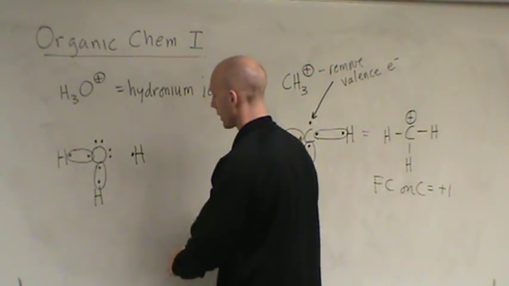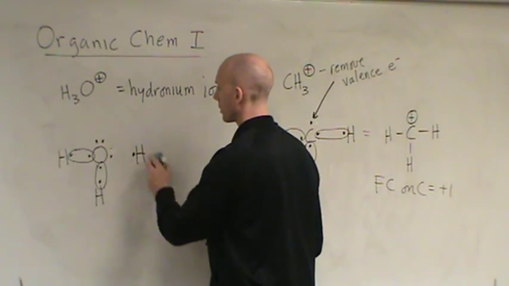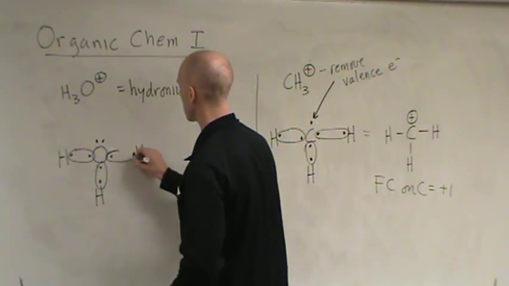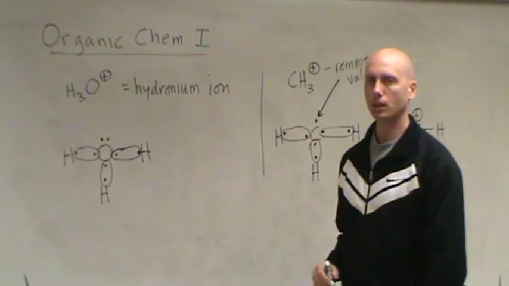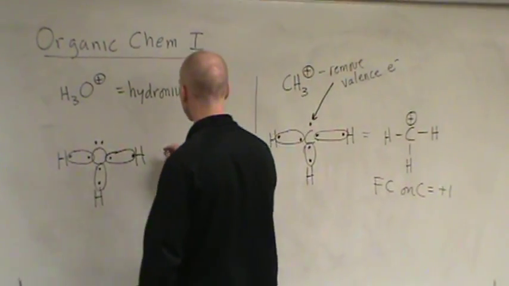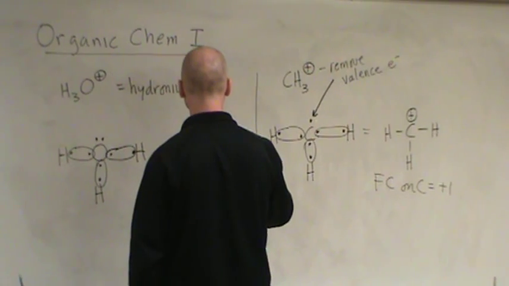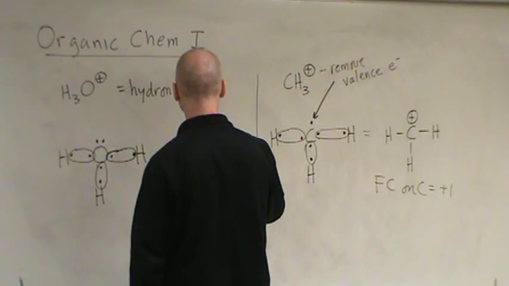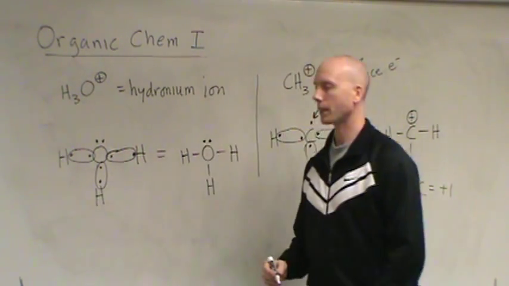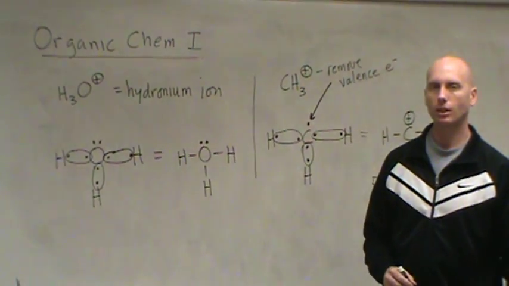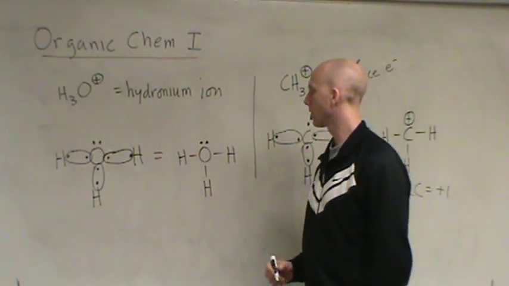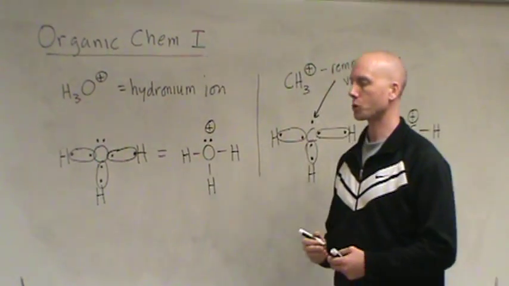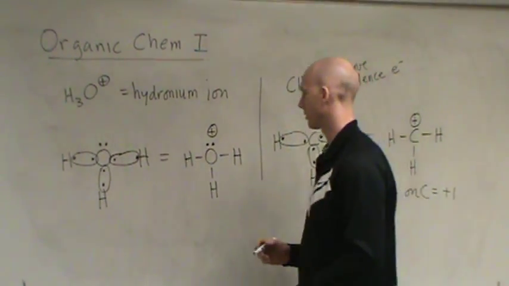So let's go ahead and remove this one here, and that allows these two to combine. And so we get a Lewis structure like that, where the oxygen has a formal charge of +1.